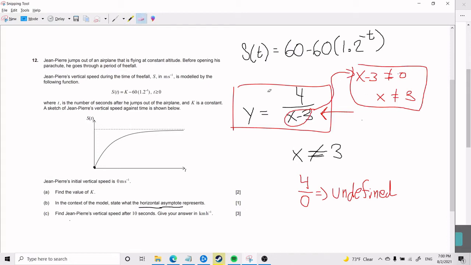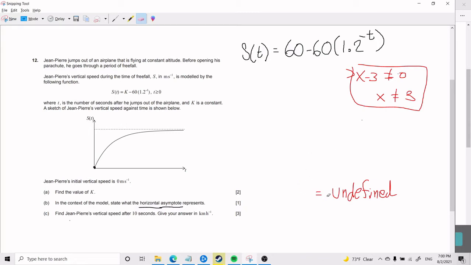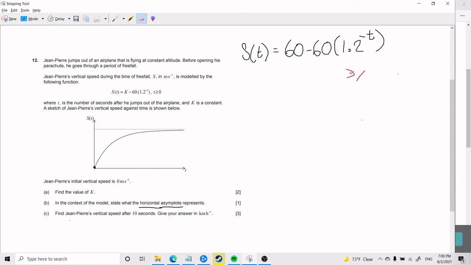And so having that in mind, the original problem is a little more complicated, but the protocol is the same. If we write this differently, we have 60 minus 60 divided by 1.2 to the power of t.